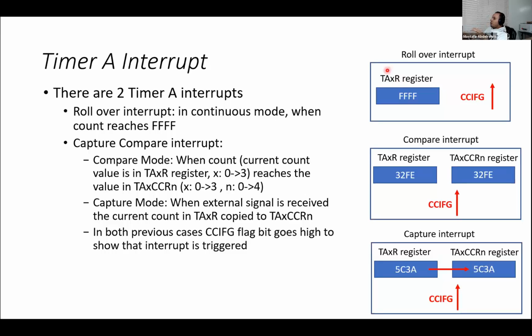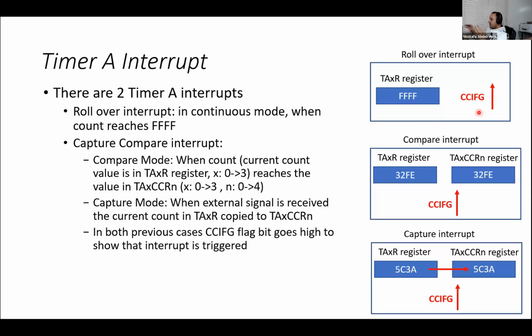Whenever you check this register, you will find the current count of that timer. And you have 4 of them because you have 4 timers: TA0R, TA1R, TA2R, TA3R.